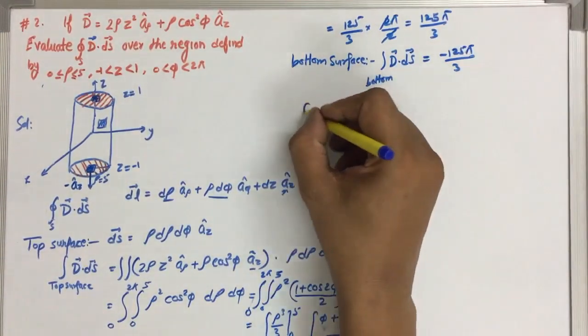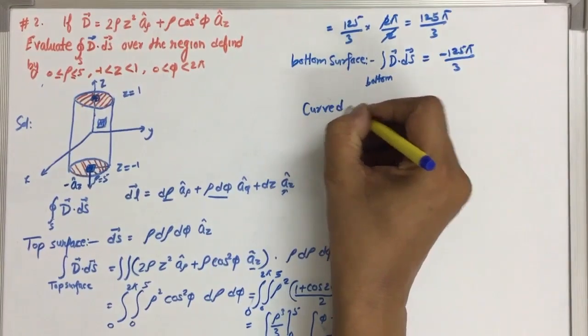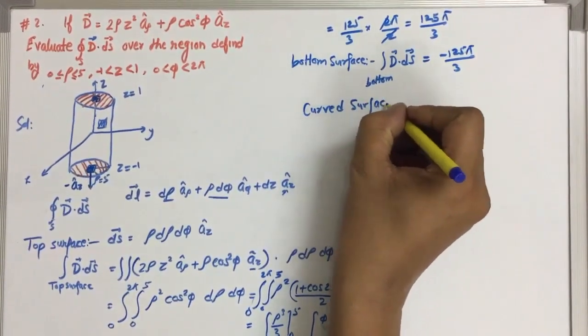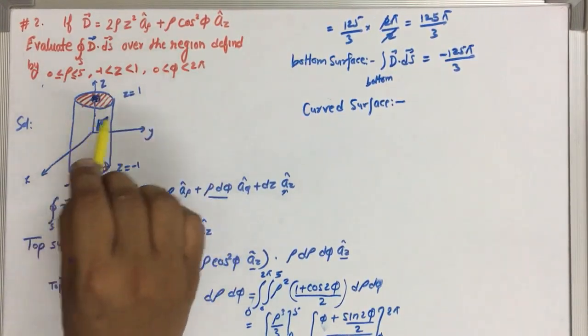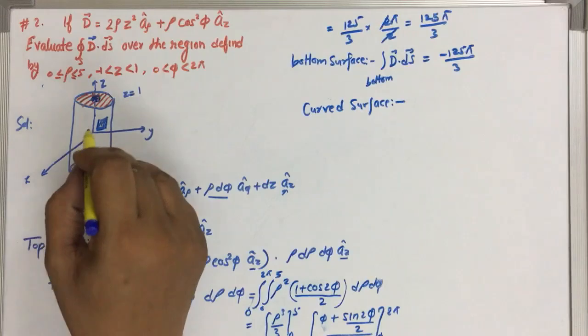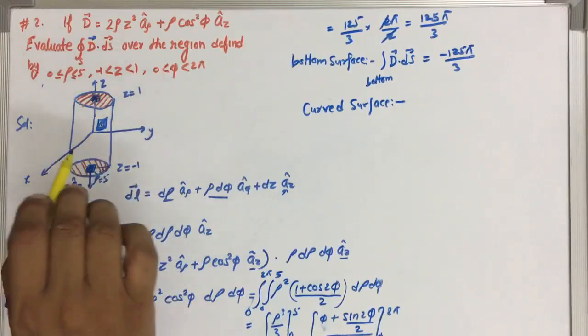Now for the curved surface, consider an element at the surface. To cover the full surface, we are taking a small element.